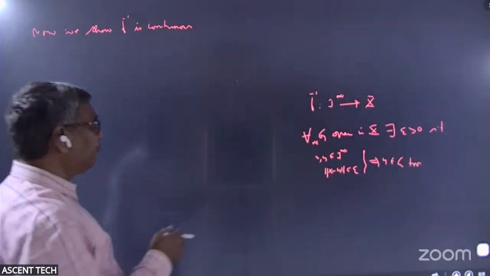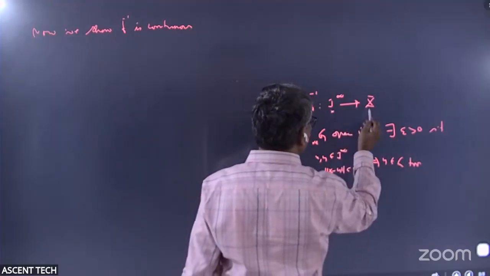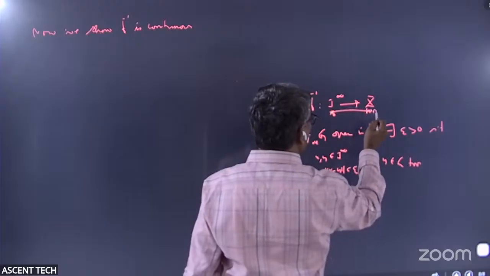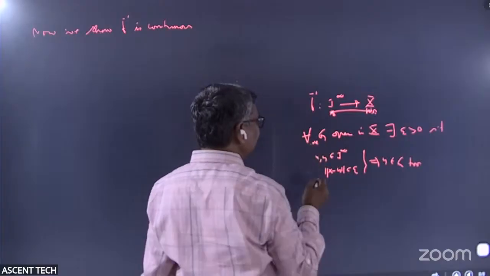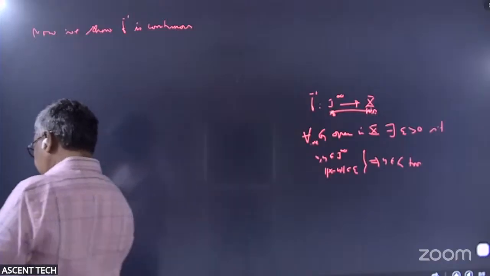Okay, I want to show f inverse is continuous at each point. So there is a point. That point will go to here. Maybe some x naught will go to f(x naught). That is here, and I want an open set of f(x naught) in G. For that open set, I have to find an epsilon greater than 0. So let's start with that.